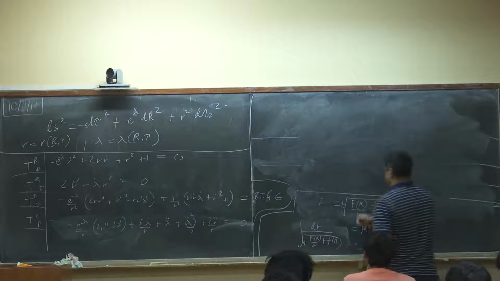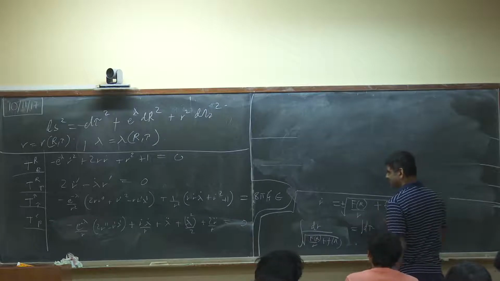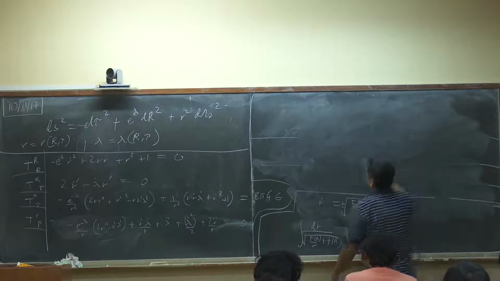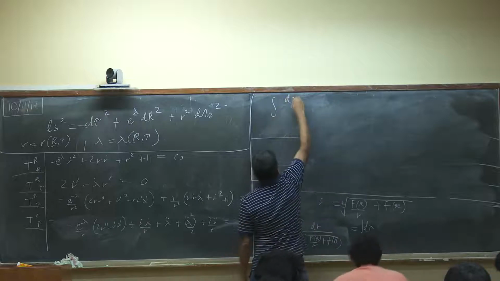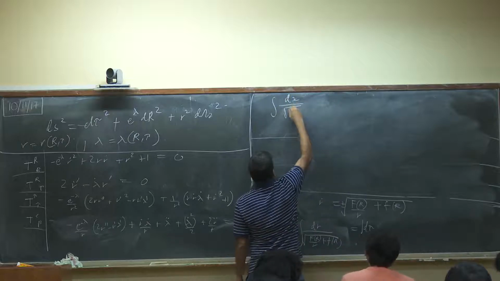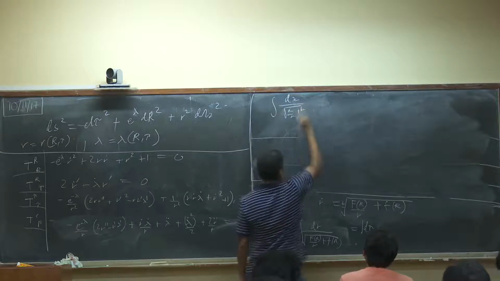So all we have to do is this integral, dr divided by the square root of ax plus b.